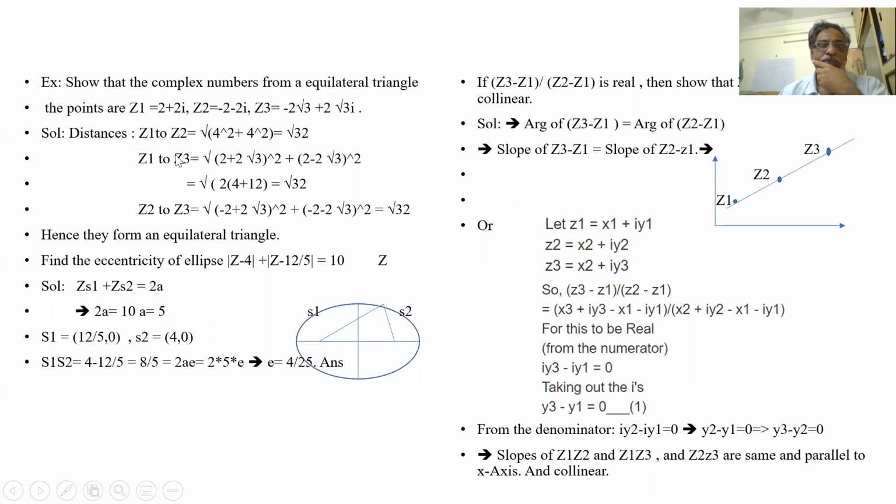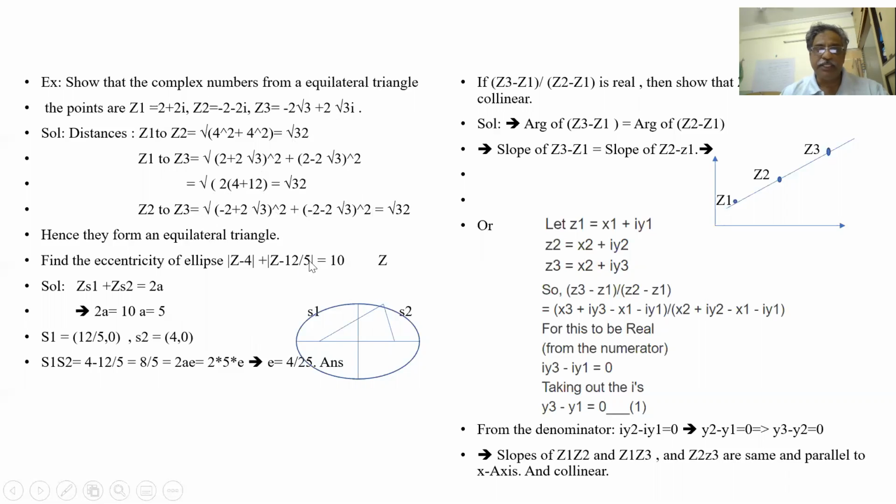Now z1 to z3, 2 plus 2 root 3 whole square, 2 minus 2 root 3 whole square. This is a plus b whole square plus a minus b whole square, so 2 into a square plus b square, that is root 32. Similarly z2, z3 also we can say root 32. So all the distances are same, so these 3 points form an equilateral triangle.